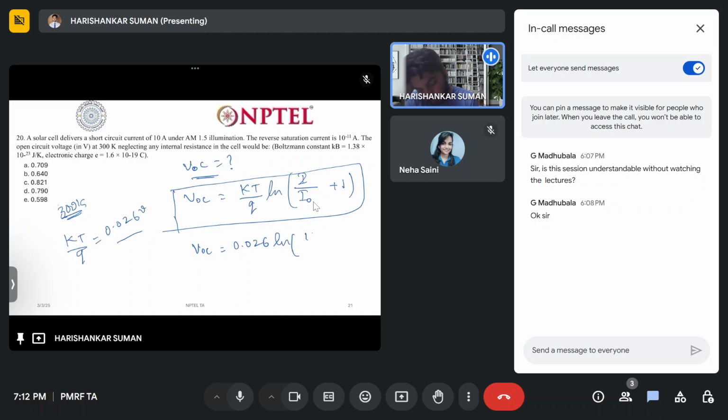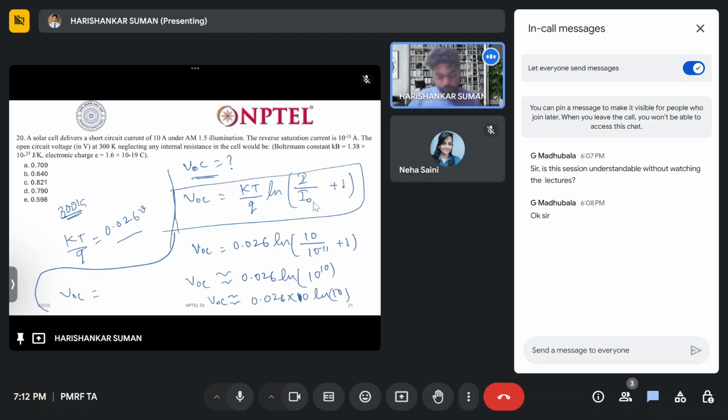Then ln of 10 ampere over 10 to the power minus 11 ampere plus 1, which is equivalent to ln 10 to the power 12.